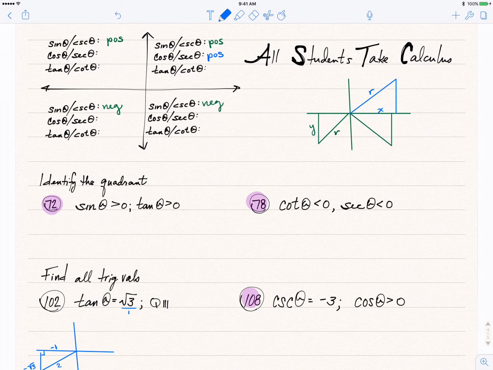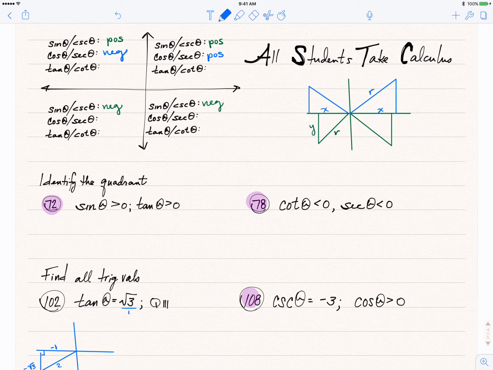In the second quadrant, however, if you draw a triangle, you'll notice that your x value is now going to the left. And since x's are going to the left, those are negative values. So a negative x over a positive radius will be a negative in the second quadrant.